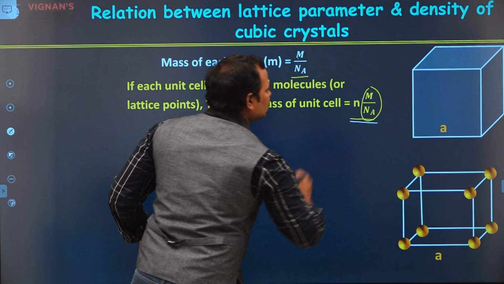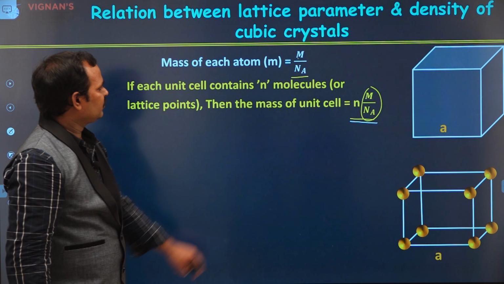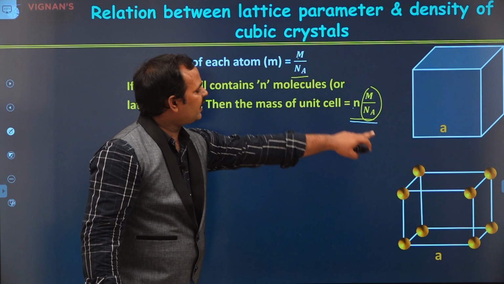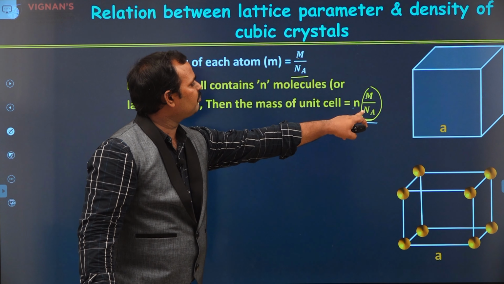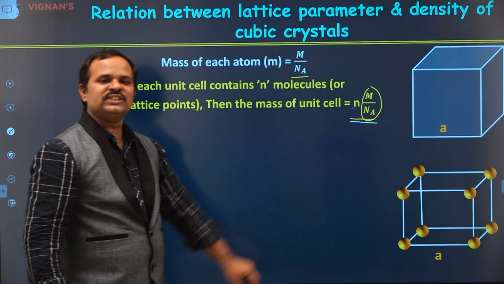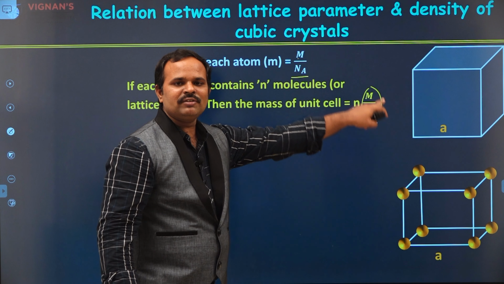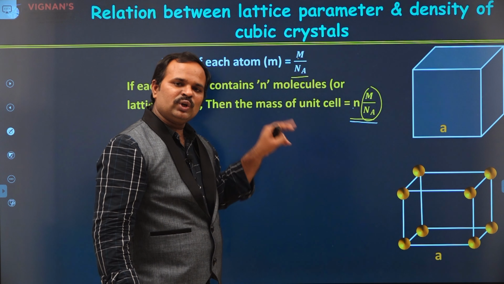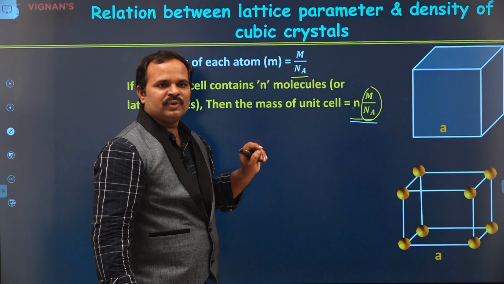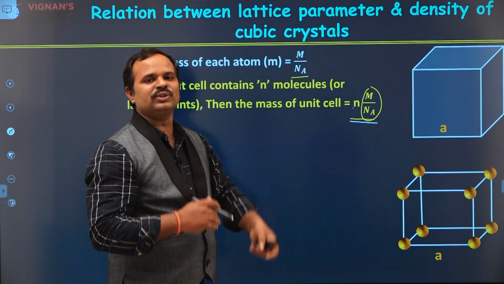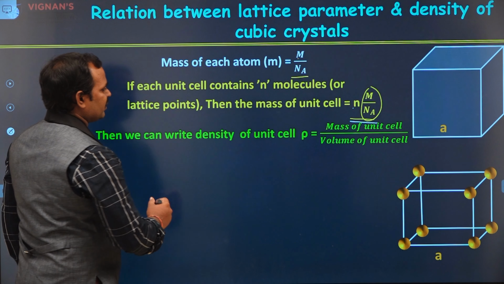So this is the total mass of the unit cell, right? This n is the number of atoms per unit cell, and M by Na gives us the mass of each atom. So now we have the mass of the unit cell. Also we know the volume of the unit cell. Now we can find out the density of the unit cell.